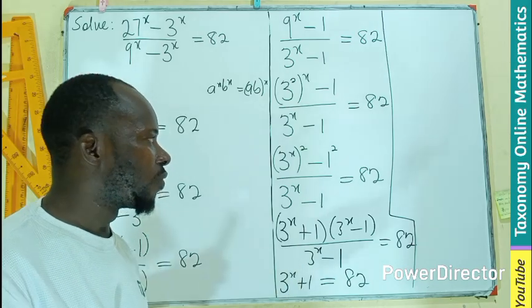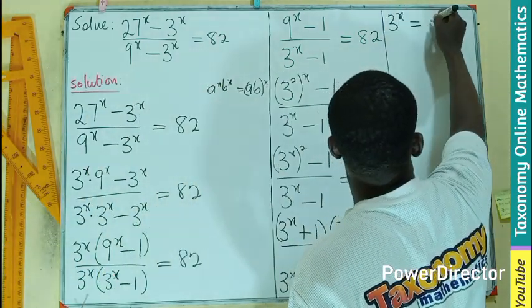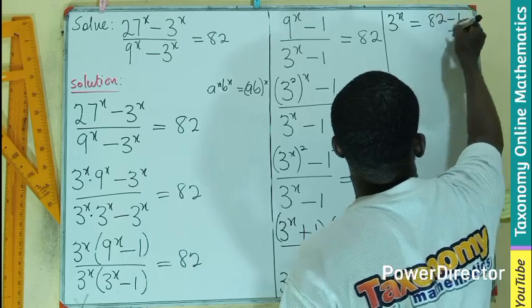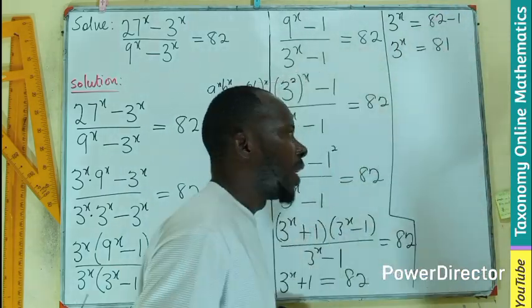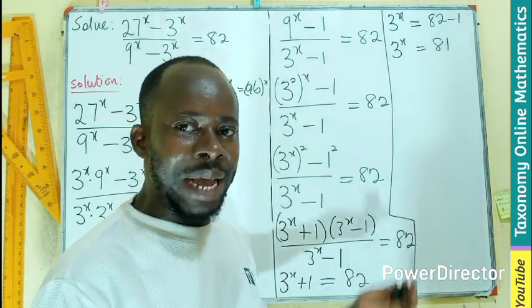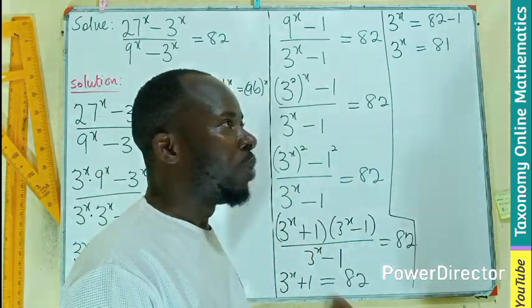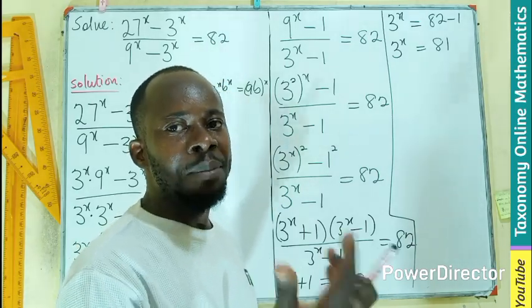So we subtract 1 from both sides, making 3 to the power x equals 82 minus 1. That gives you what? 81. So this is just an exponential equation with one term at the left, one term at the right. So we check and see whether we can express all in the same base.